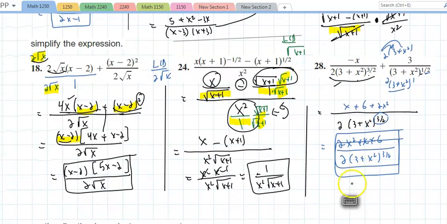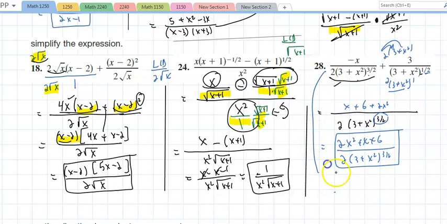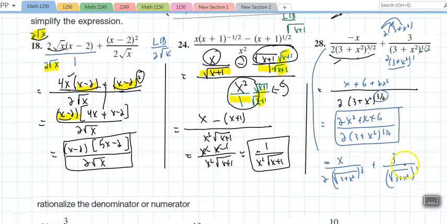If it helps for you to write this as negative x over twice the square root of 3 plus x squared cubed plus 3 over the square root of 3 plus x squared to the 1, you're welcome to do that. And then you see that you have to multiply this by 2 over 2, which is the 1.